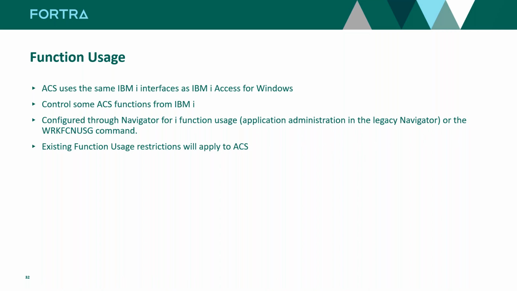And if you have existing function controls either in function usage or in application administrator, then ACS is going to adhere to those controls just like your users with IBM i Access for Windows. You can also manipulate those through the green screen through the work function usage command, which has the same controls, just not through the GUI.